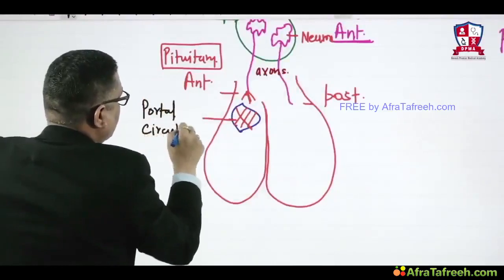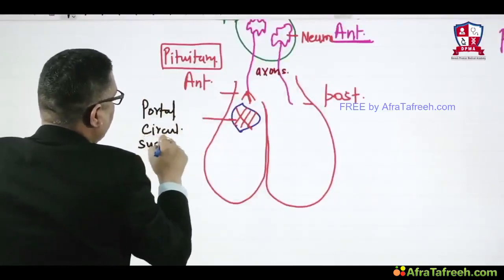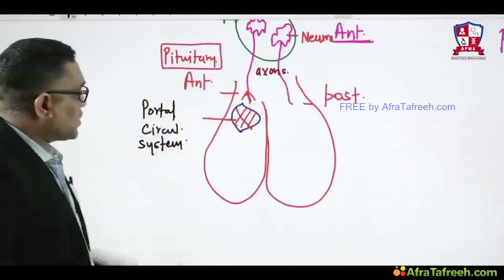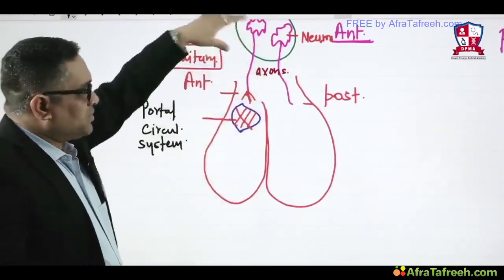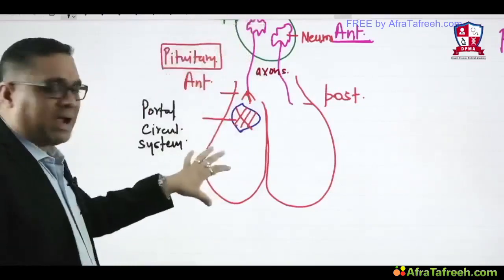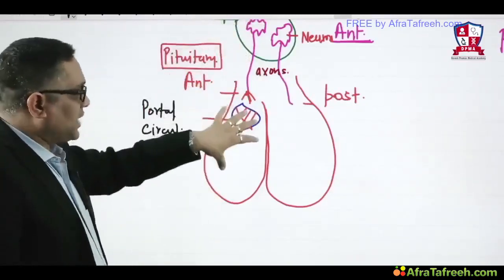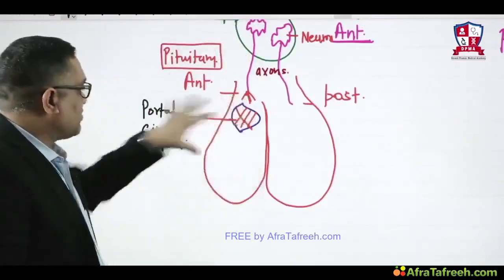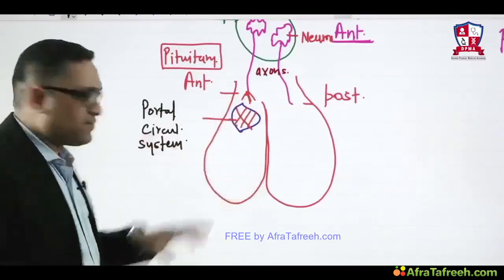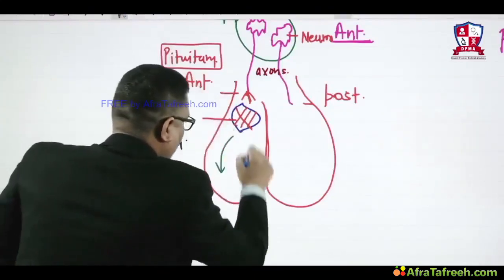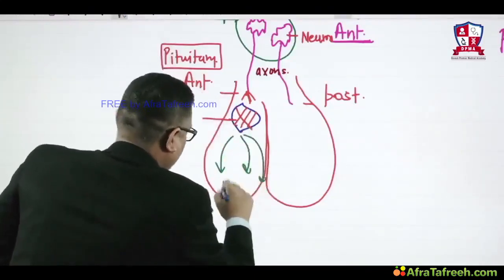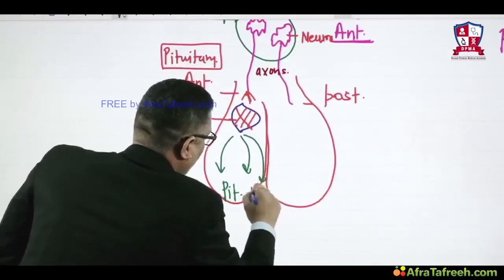Whatever secretions come from the hypothalamus reach the anterior pituitary, are taken up by the portal circulatory system, and from this system there will be release of pituitary hormones, right?